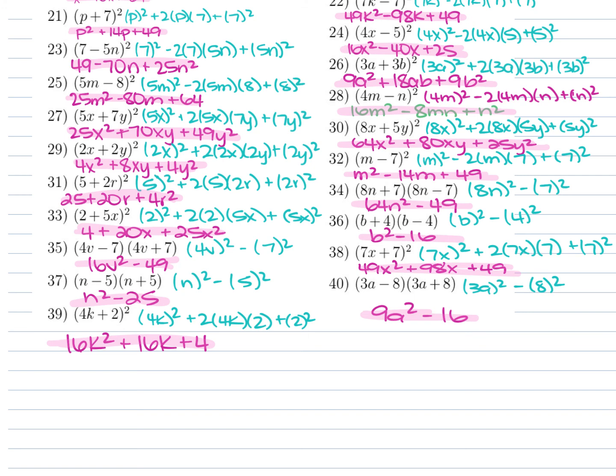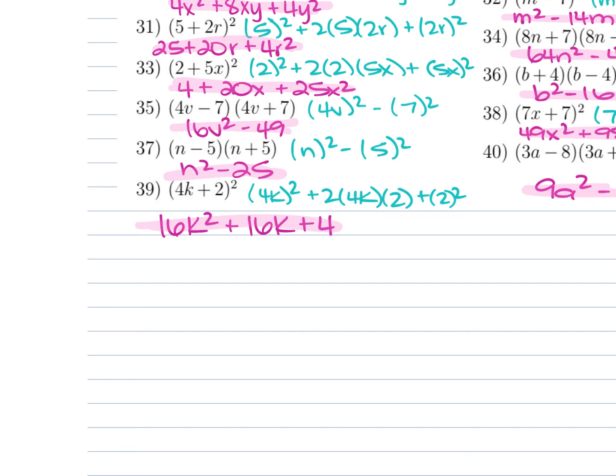Now, there are 2 questions that you will see tomorrow that are not on your review. One of them is something like x plus 1 to the third power. This is the same exact thing as saying x plus 1 times x plus 1 times x plus 1.